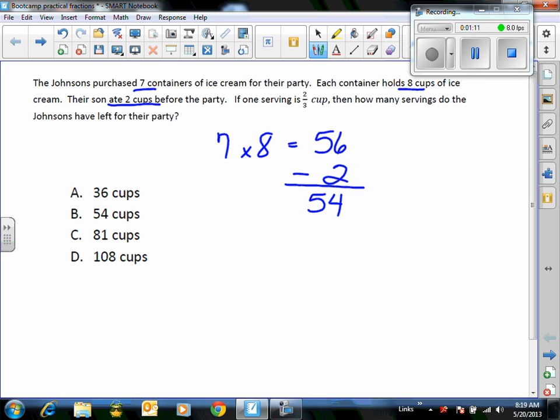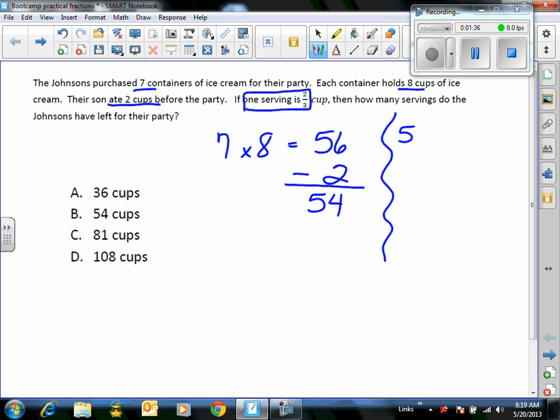But now it says 1 serving is 2/3 of a cup. So what we need to do is divide this 54 by 2/3. Now there's a couple of ways that we can do that. If you remember the rules for dividing fractions, then it's going to be very simple for you. I'm going to show you 2 different ways.